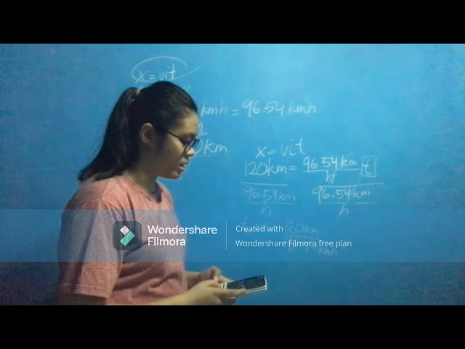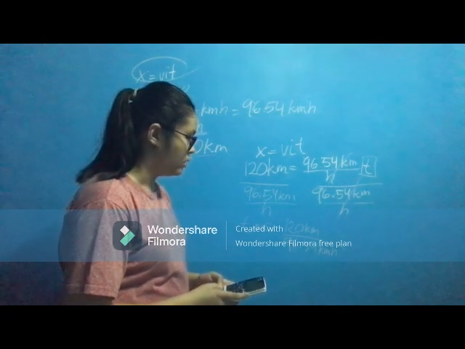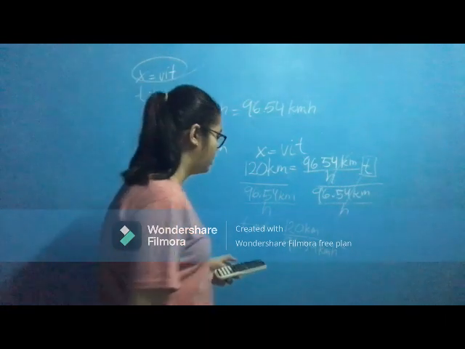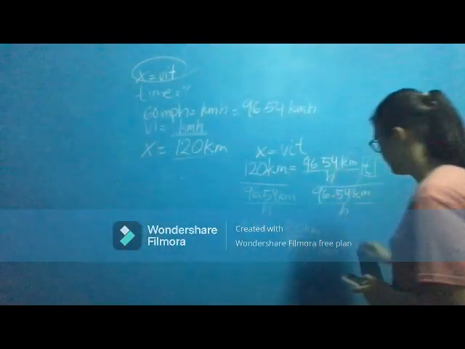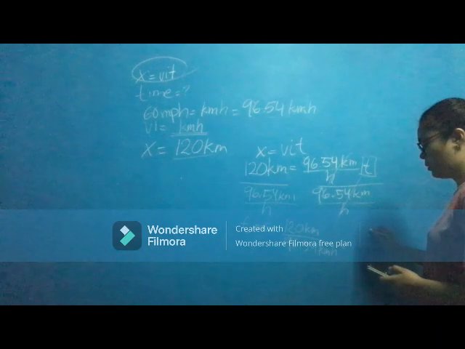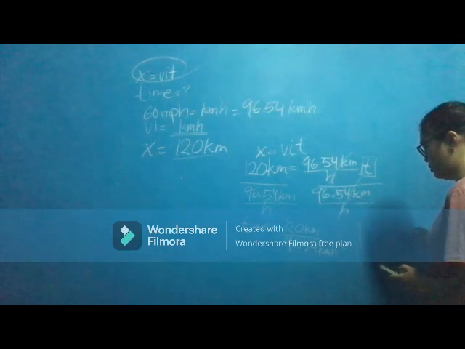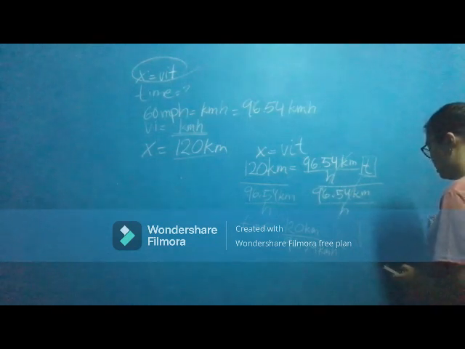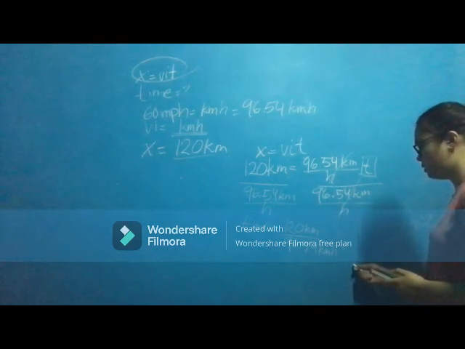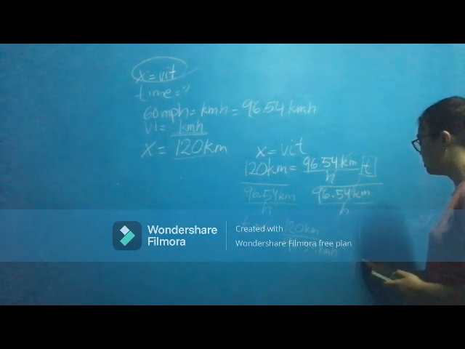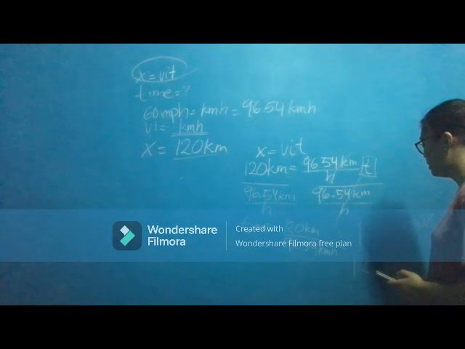120 divided by 96.54 kilometer per hour is equal to 1.243008, but the rounded off number is 1.24 hours.